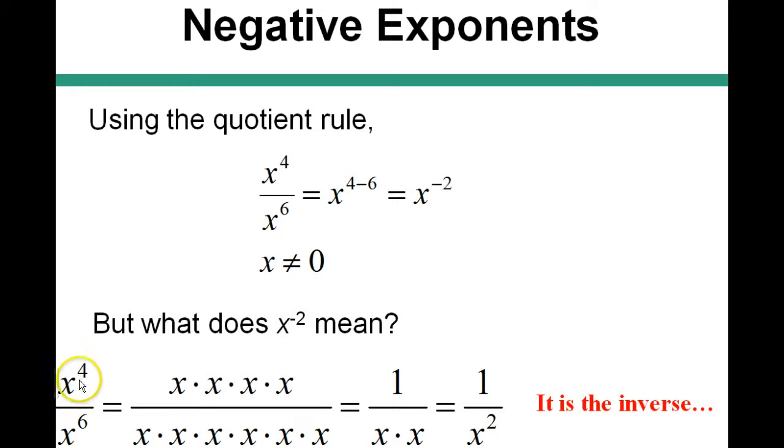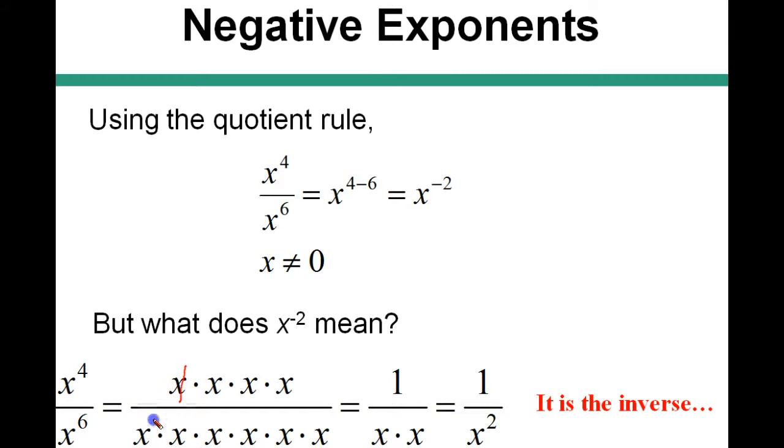But what does x to the negative 2 mean? Well, if we go over here and write out what we have, we use exponents as a shorthand to indicate we have 4 of the same factors. In our denominator, we have 6 of the same factors that we're now going to cancel out as if they were ones.